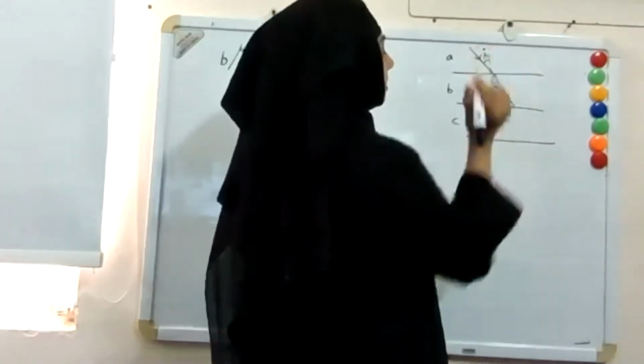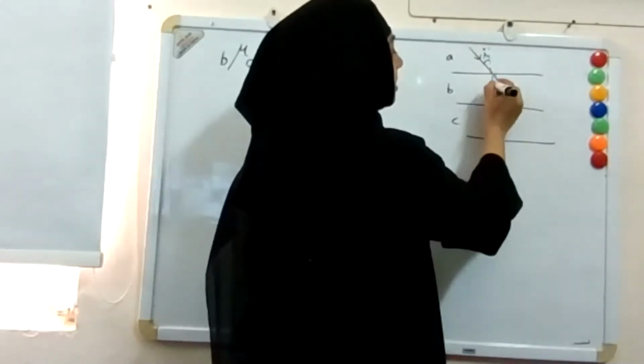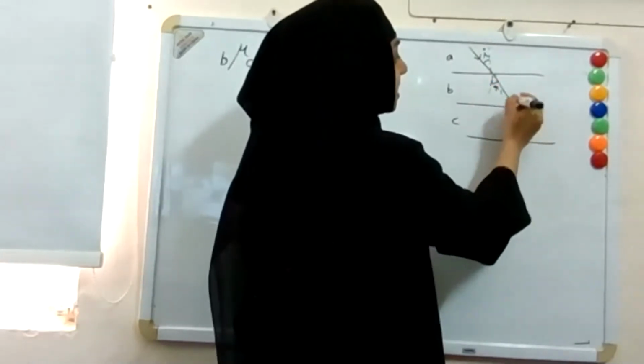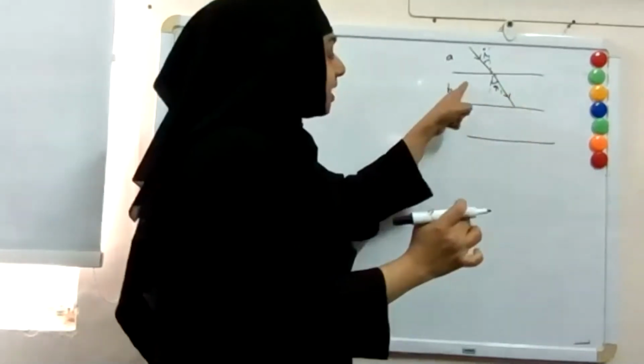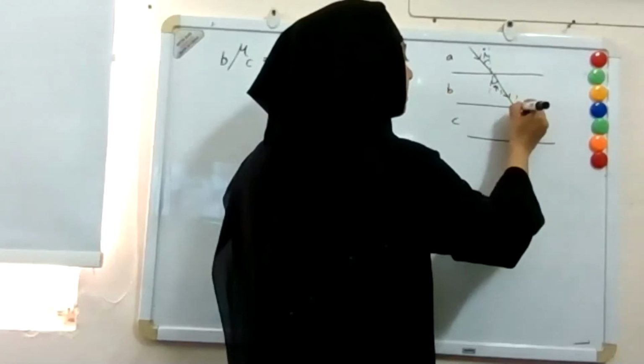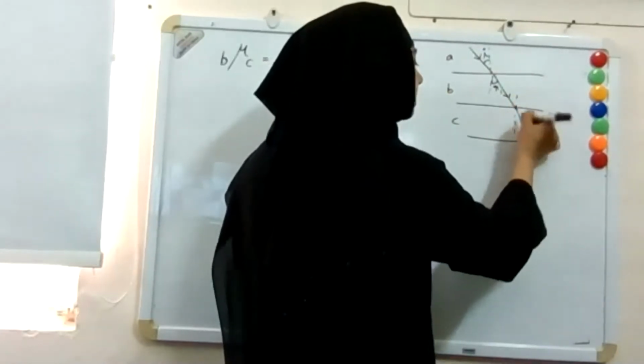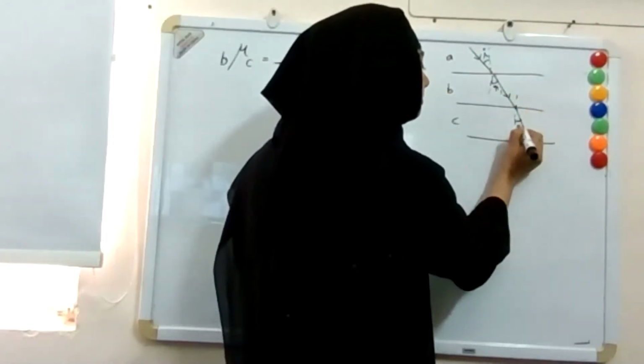This is one refraction. Again, the same light enters from medium B to medium C, so it is making another angle of refraction, say R2.